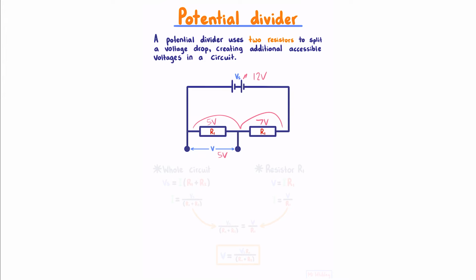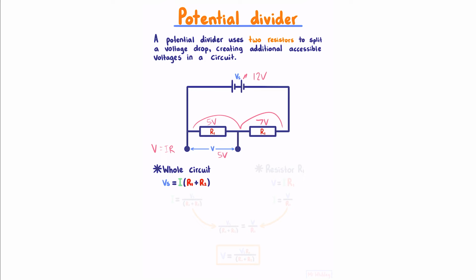Let's now describe the situation mathematically. To start, we'll apply Ohm's law to the whole circuit, recalling that Ohm's law is V equals IR, where for the whole circuit we have our source voltage, our total circuit current, and our total resistance, which is the sum of our two resistances.